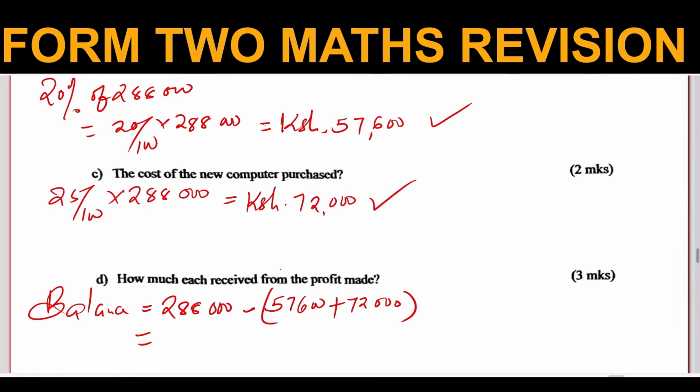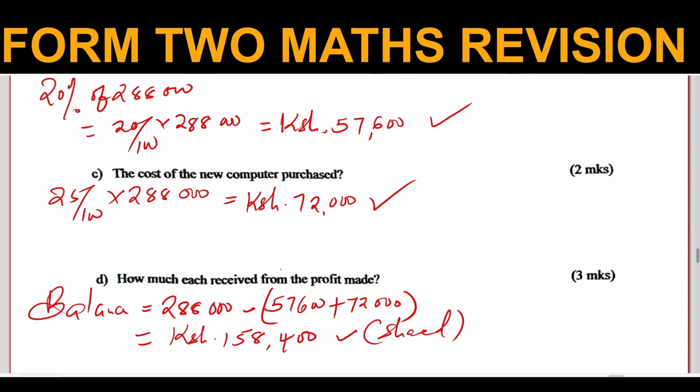So 288,000 subtract 57,600 plus 72,000. So the balance was 158,400. That is the balance, and this is what will be shared in the ratio of their contribution.